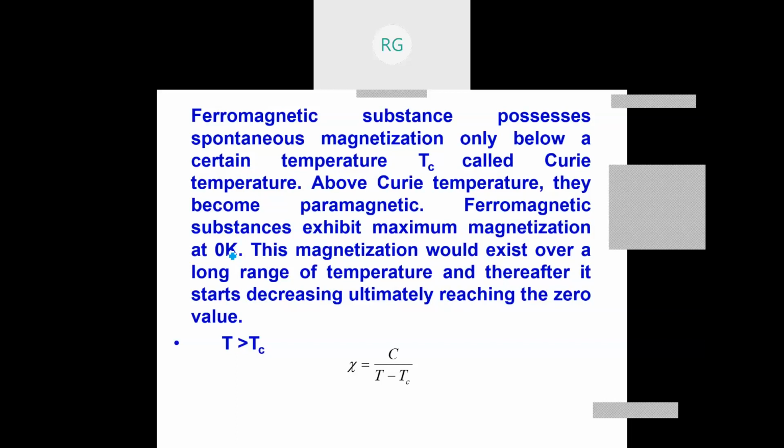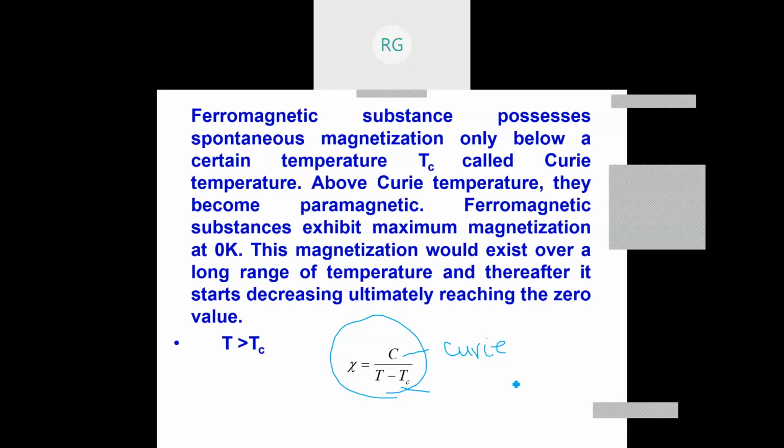Another important aspect of a ferromagnetic substance is that it shows spontaneous magnetization only below a temperature called Tc, where Tc is called the Curie temperature and C is called the Curie constant. Soon we will derive this equation. This is called the Curie-Weiss law.